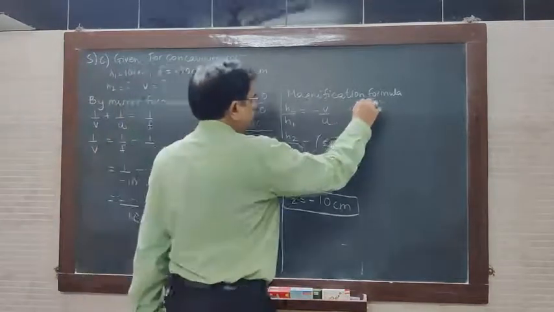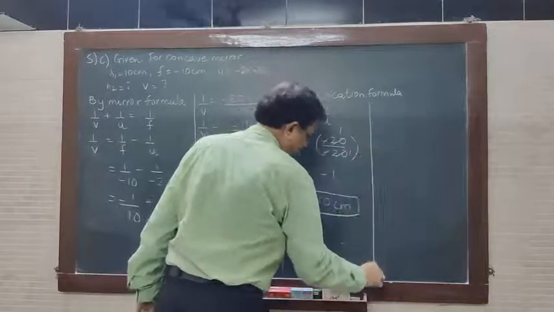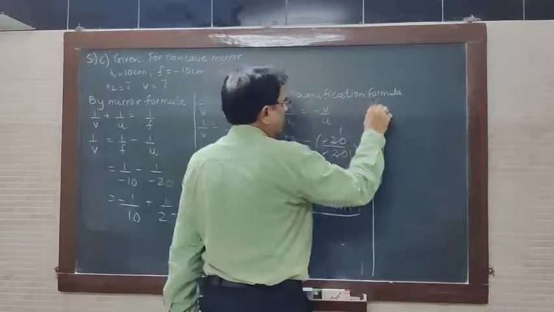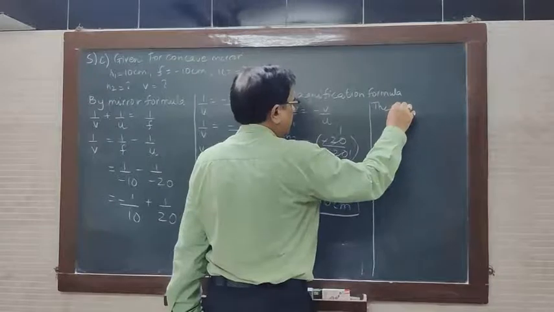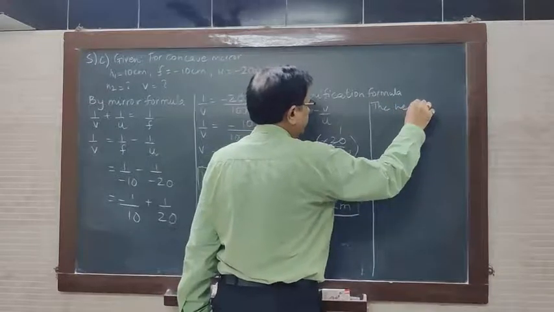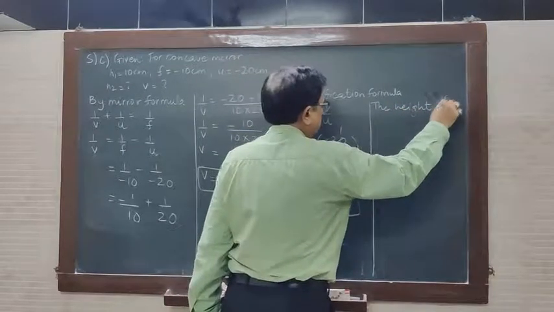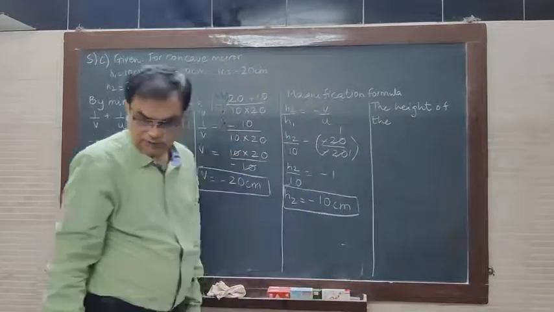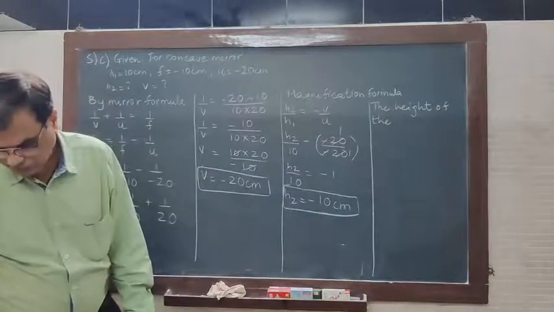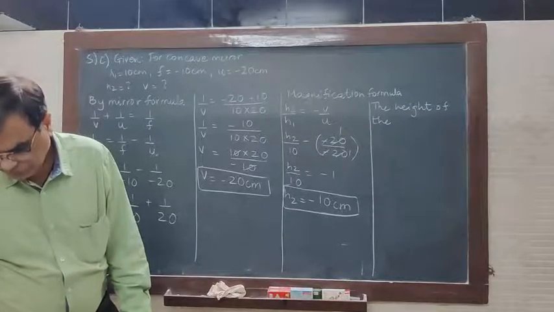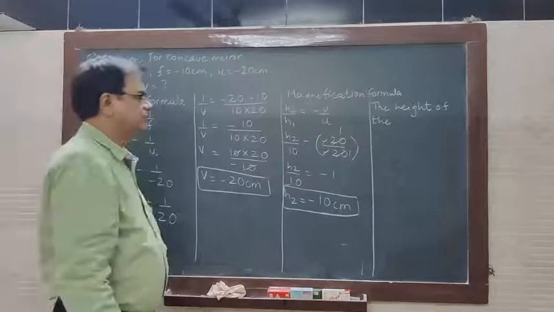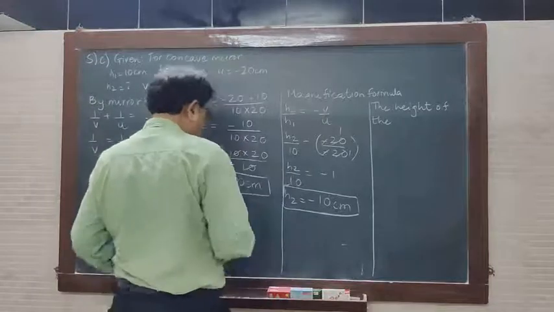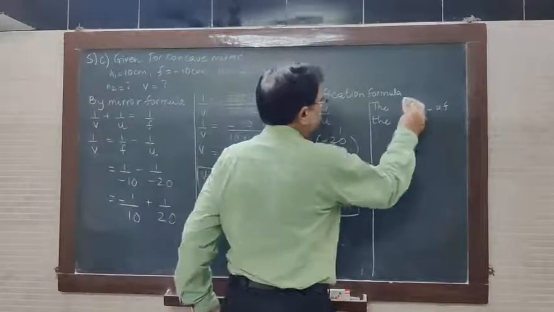Therefore, the height of the object, we will find out what will be the length of the image. The length of the image will write. The height or the length is the same thing.